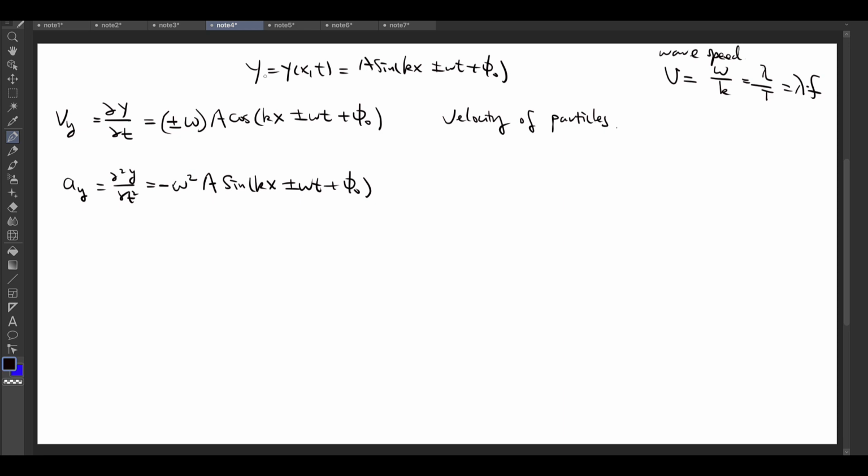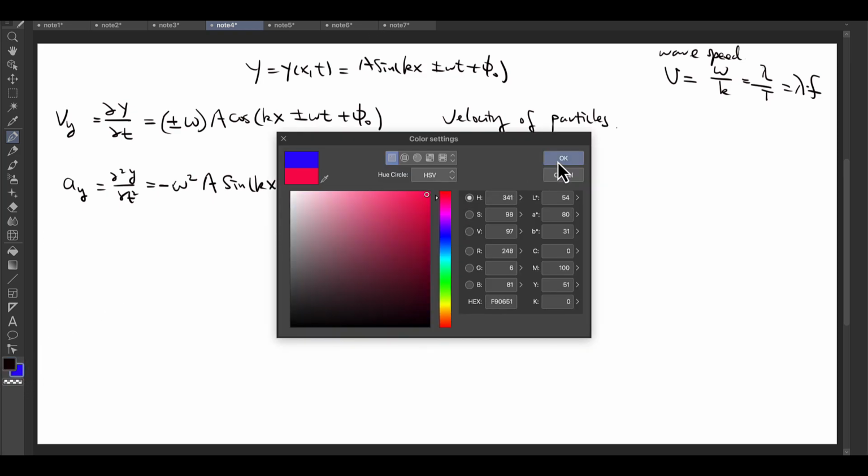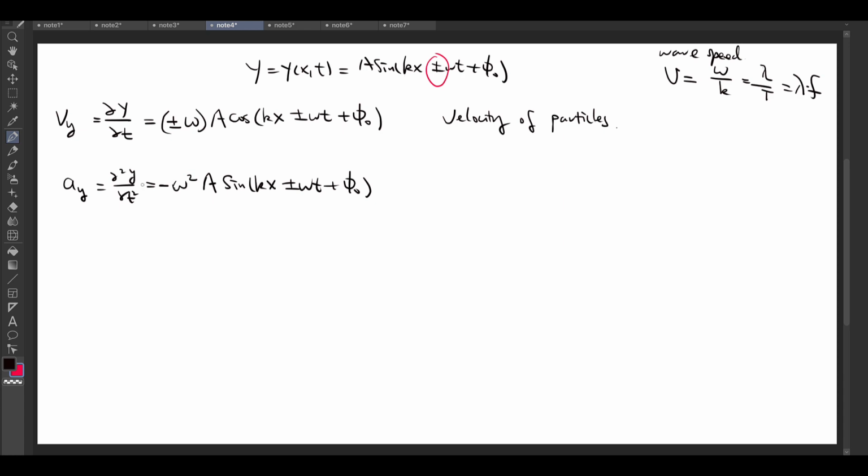One more thing here about the plus or minus sign. Previously we said that they represent the propagation direction. Now let's see why. Let's start with a positive sign. Let's say we have two particles, x1 and x2.